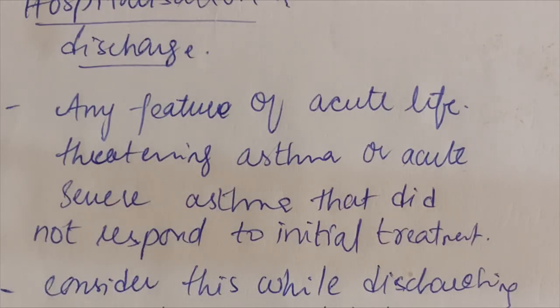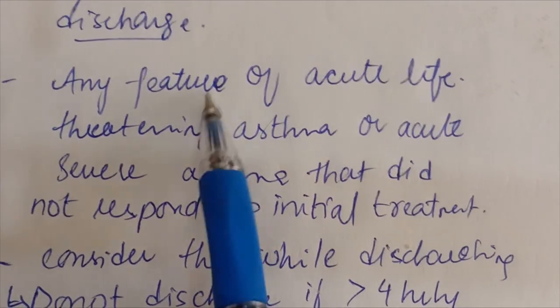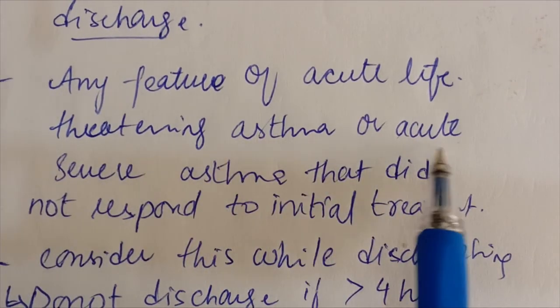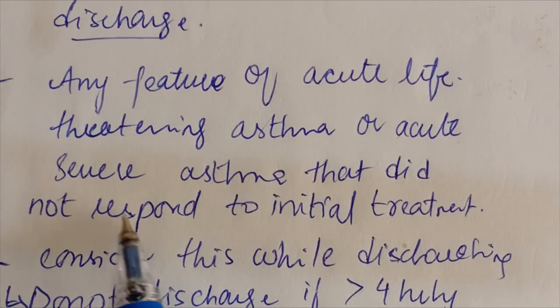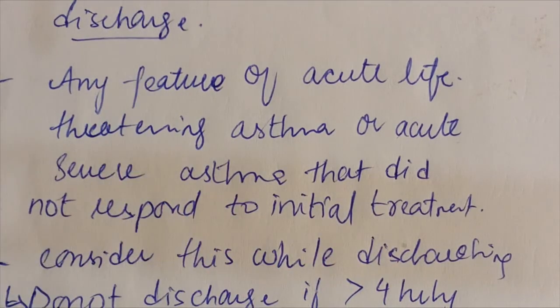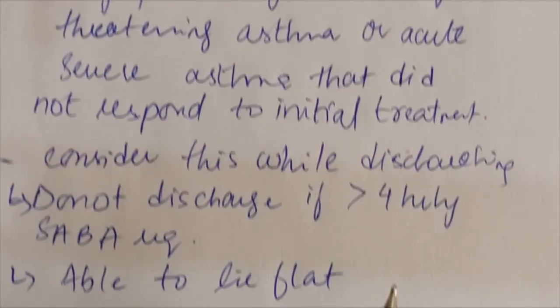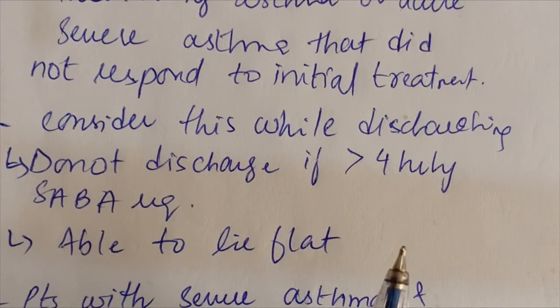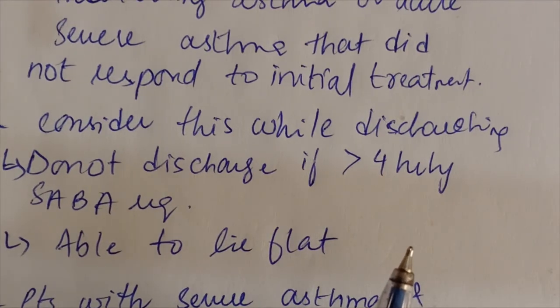Now, hospitalization and discharge. Any feature of acute life threatening asthma or acute severe asthma that did not respond to initial treatment, we are going to hospitalize the patient. What is the criteria if we are discharging the patient?